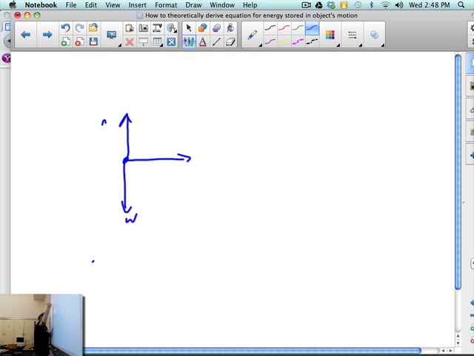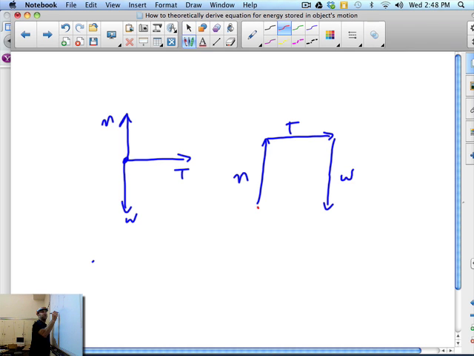Weight, normal, tension. Everybody cool? If I sum the forces, I got force up, tension to the right, weight down. This is weight, normal, tension. Do you see that the net force, the sum of the forces, goes from here to here? Do you see that sum of the forces is that vector? Everybody good? Yeah. Do you see that this vector is the same length as my tension?